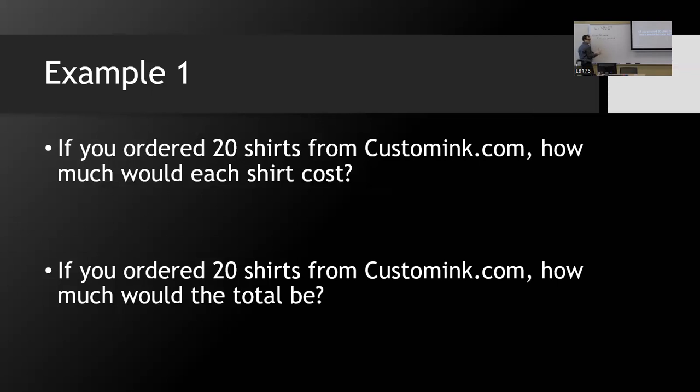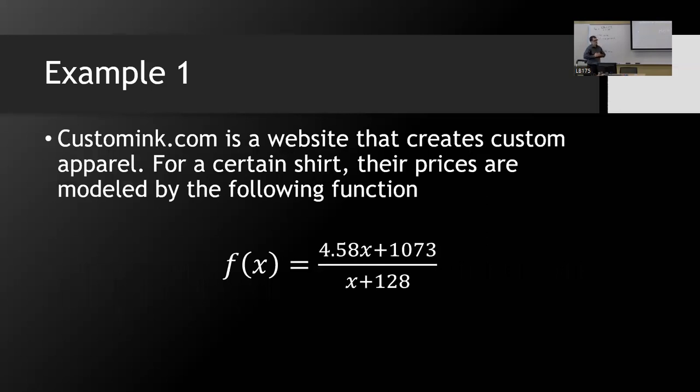If you order 20 and you know your price per shirt, just times that by 20. Does that make sense? I want you to use that equation. Try to type things in your calculator in a way that gives you the price per shirt.